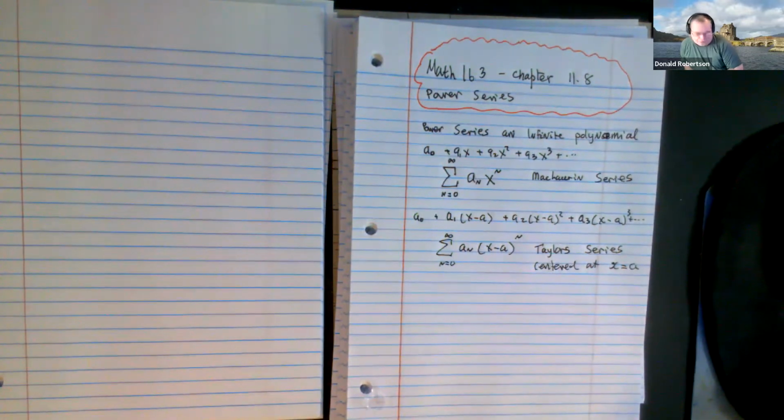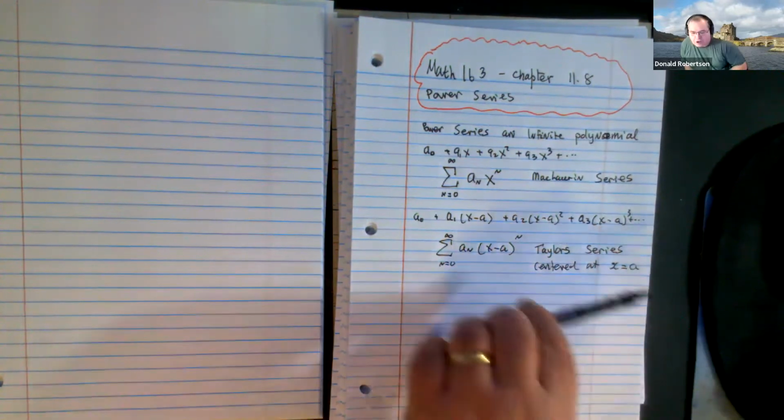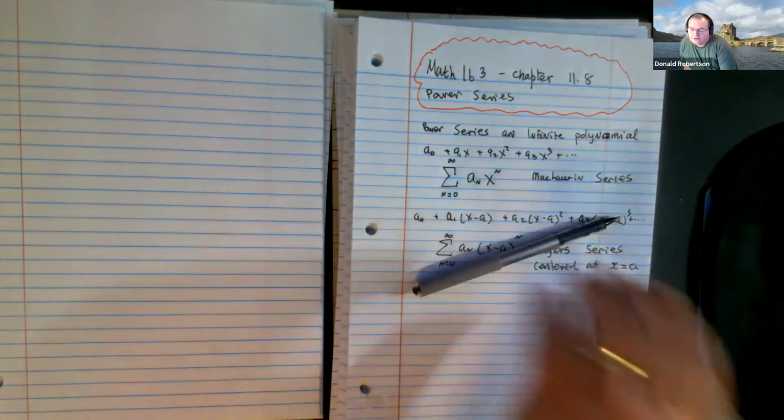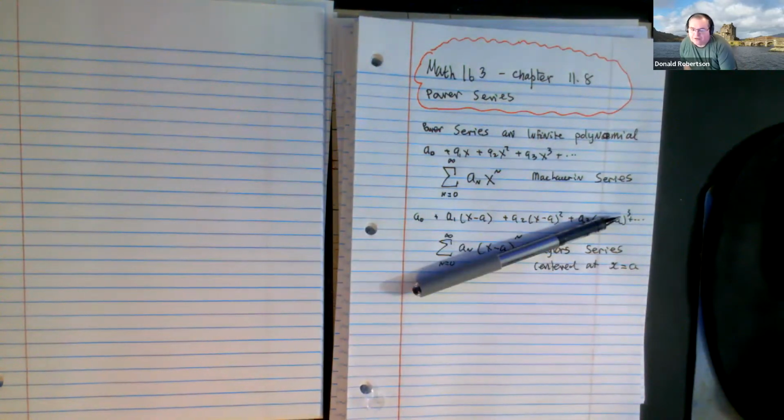And I think that's for historical reasons. Maclaurin series were created and analyzed first. People looked at, I wonder if we could get anything interesting from an infinite polynomial. And you will be amazed at what cool things come from infinite polynomials.